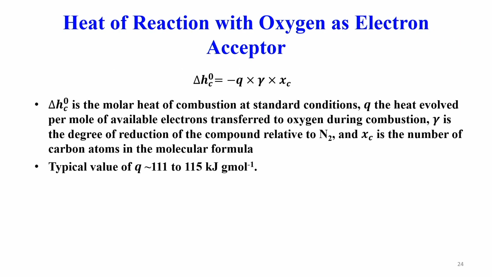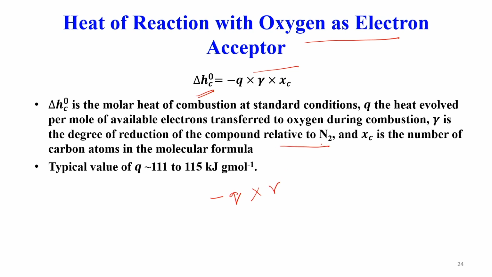Now, for heat of reaction, there can be an option where oxygen is working as the electron acceptor. So, as I told, you can calculate the heat of reaction using the heat of combustion. So, we need to find the heat of combustion, that is minus Q. Q is heat evolved per mole of available electron transferred to oxygen during combustion, into gamma, the degree of reduction of the compound.